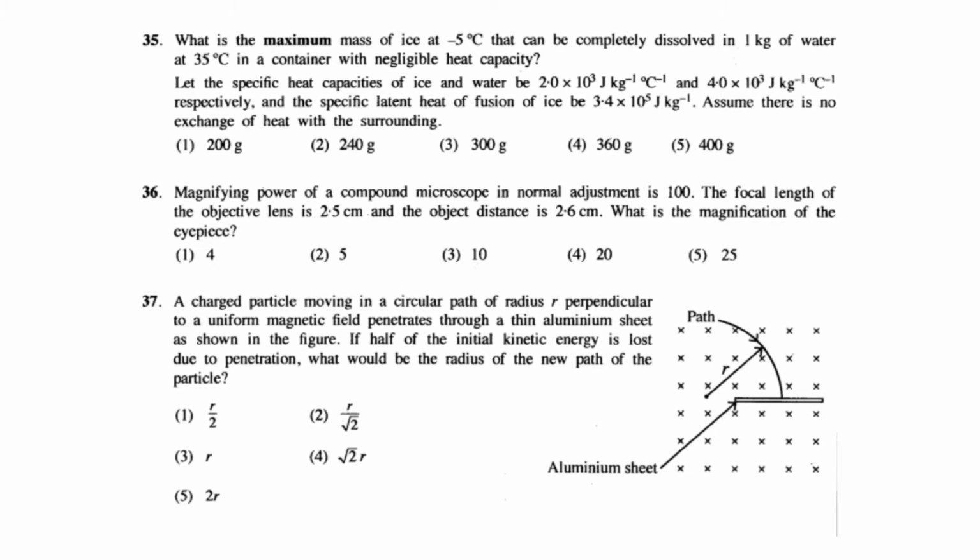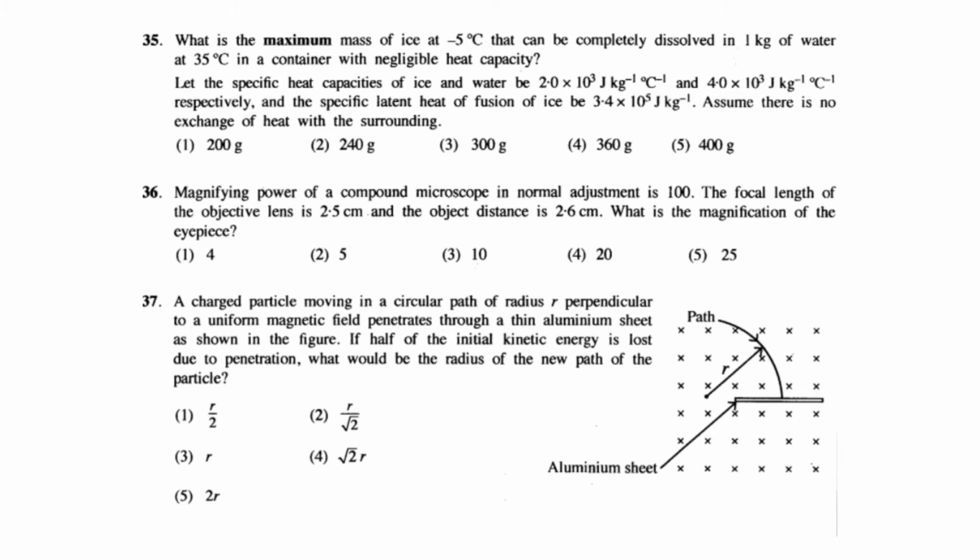absorbs heat from water. So that can be calculated by m s delta theta plus m L. m s delta theta, that is m multiplied by s, the specific heat capacity of ice, 2 into 10 to the power 3, into temperature change, 0 minus 5, plus m L, m into specific latent heat, 3.4 into 10 to the power 5.